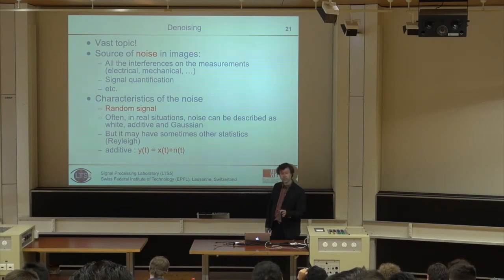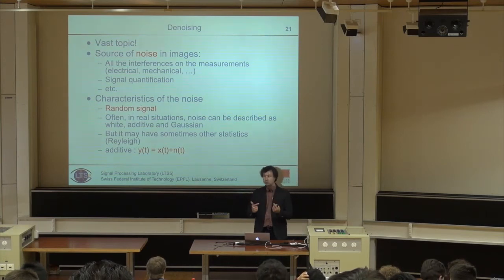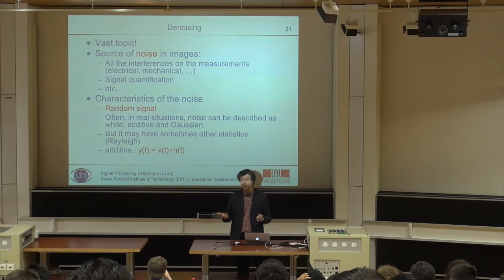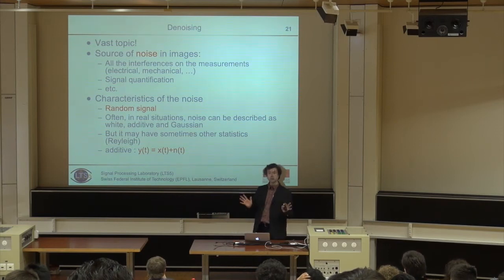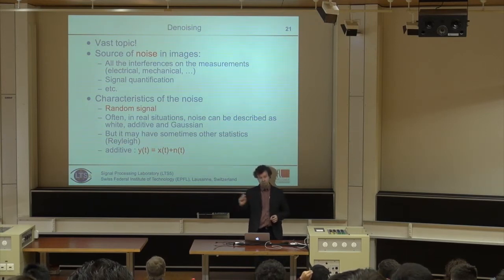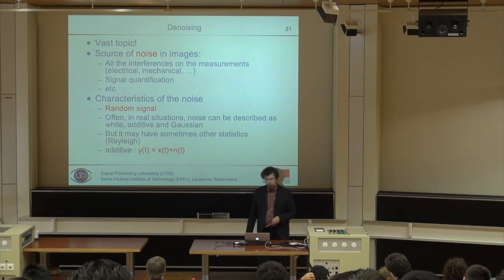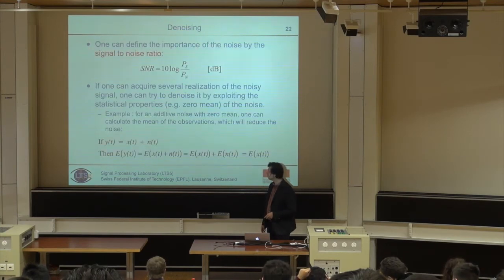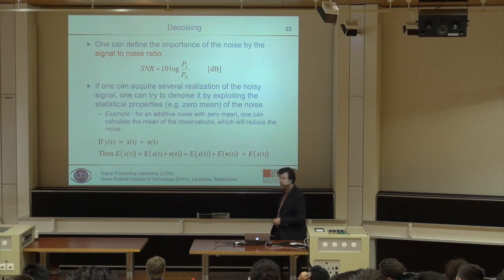That is called additive noise. But in some acquisition systems, the noise is proportional to the pixels, so it's not additive, it might be multiplicative. But in many situations, it's a good idea to model the image that you get as the ideal plus noise. It corresponds nicely to the reality. And you can measure the amount of noise by the so-called signal-to-noise ratio.